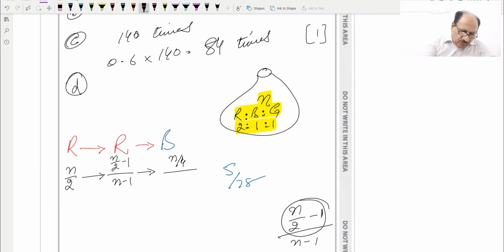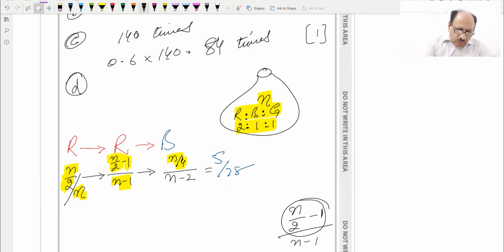One more thing: we have to take the first as n by 2 over n, because half of n are red, then n by 2 minus 1 out of n minus 1, and blue is n by 4 out of the total, which is n minus 2. So this will be equal to 5 by 78.